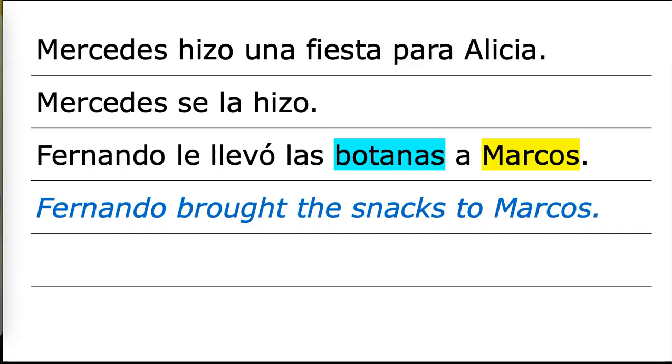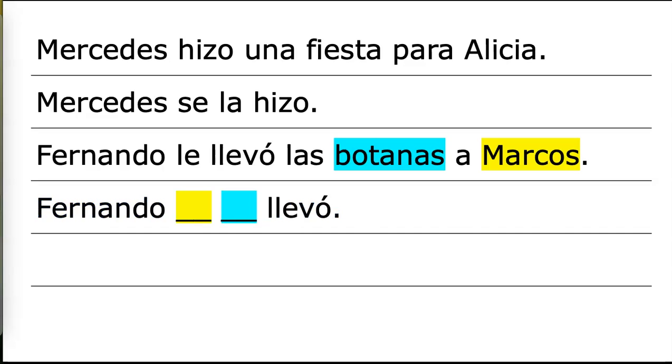And note, there's already le in the sentence because in Spanish, remember back when we did indirect object pronouns, you can always double up on the indirect object pronouns. Go ahead and substitute in the correct pronouns here. Fernando se las llevó.